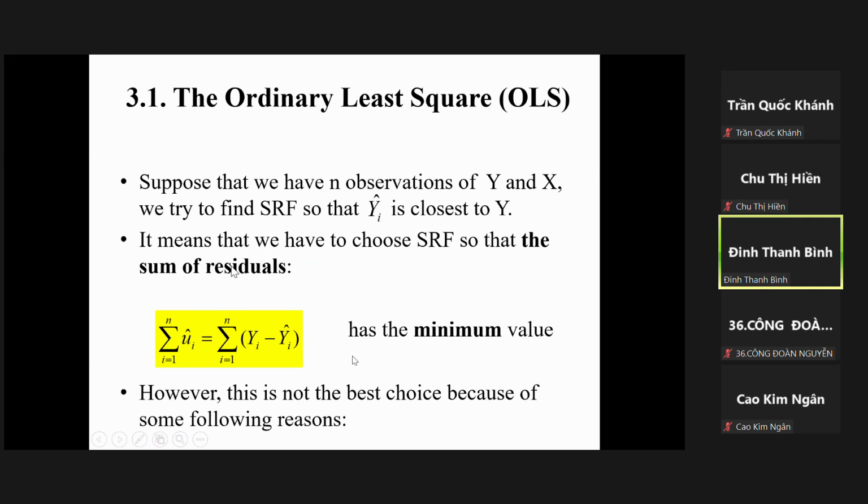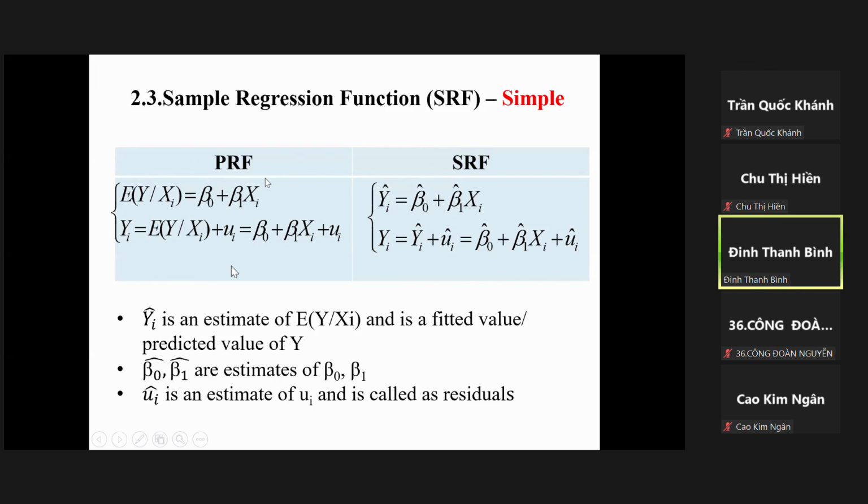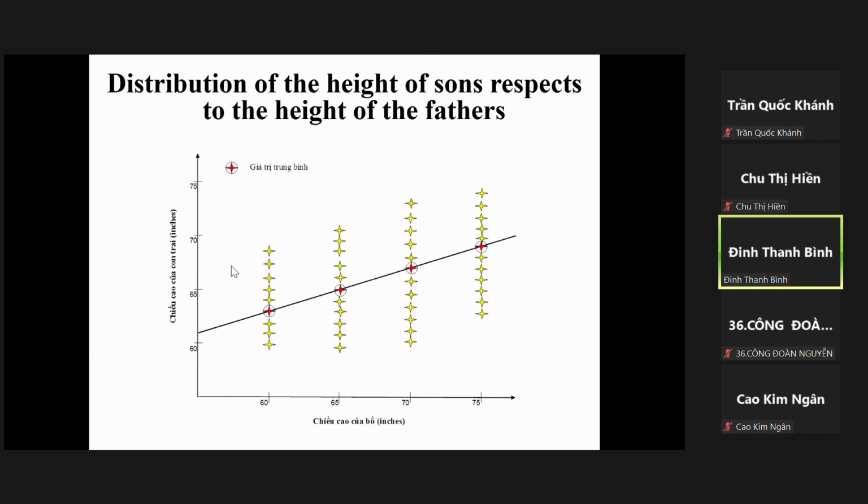But when Gauss calculates this sum, he has a problem of the opposite signs of the values of u. So this is the regression line, right? We go through the medium points. Like back to this graph here, u hat can be positive, can be negative, can be 0.